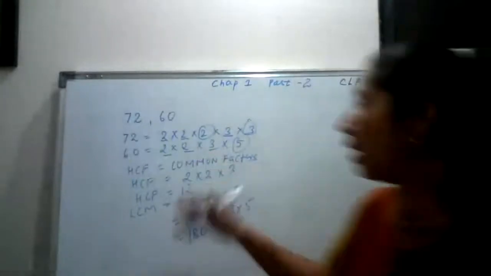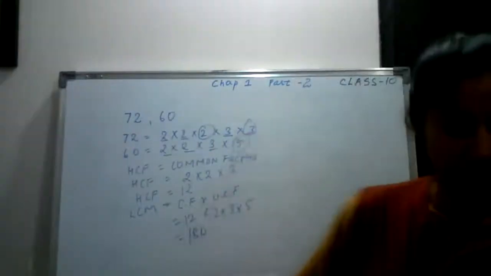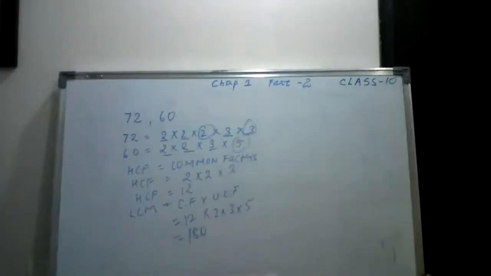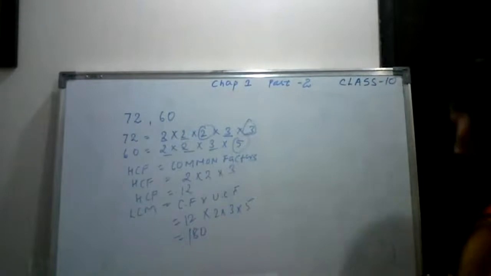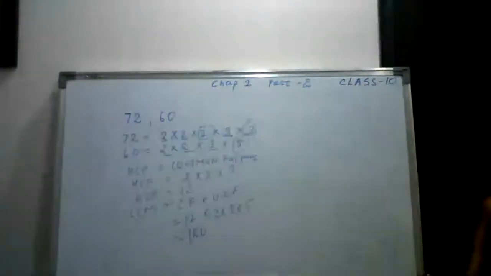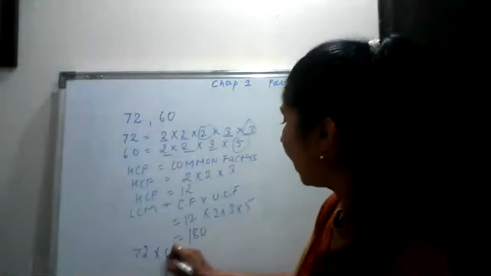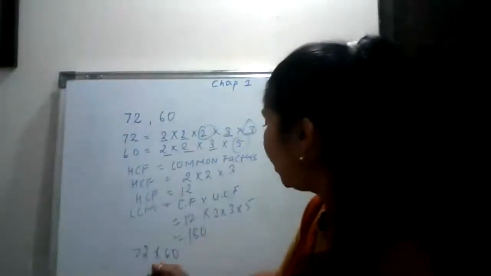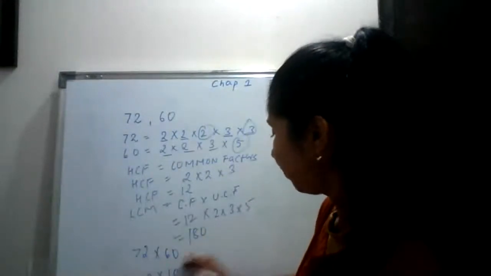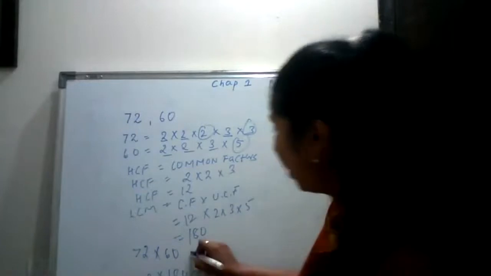अब इसमें एक आगे आता है जो एक कॉन्सेप्ट आपका है, एक और जो कॉन्सेप्ट है आपका which is called this property. अब जैसे मैं यहाँ पे ही कर रही हूँ, ठीक है, मैं 72 into 60 को मल्टीप्लाई कर रही हूँ और 12 into 180 को मल्टीप्लाई कर रही हूँ. Okay, let's see what I was getting.